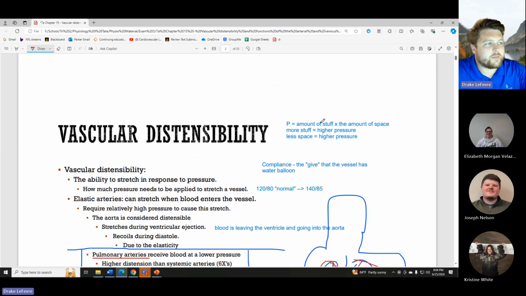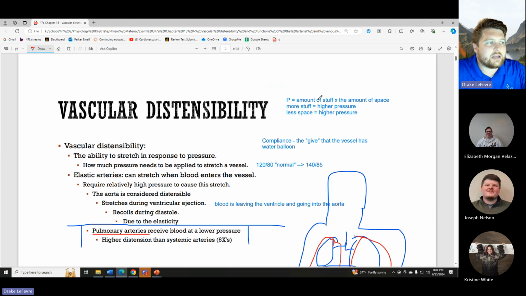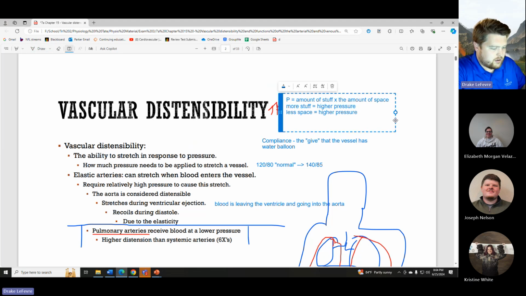So we talk about the pressure. How do we increase or decrease pressure? To increase pressure, we add more stuff or we do less space. To decrease pressure, less stuff or more space equals lower pressure.